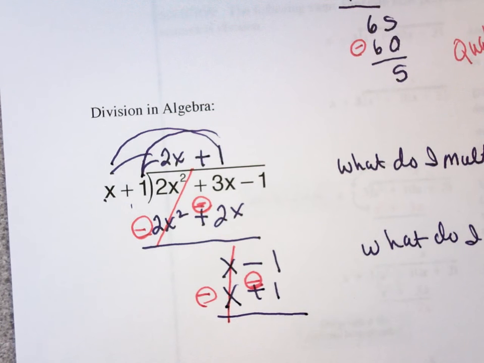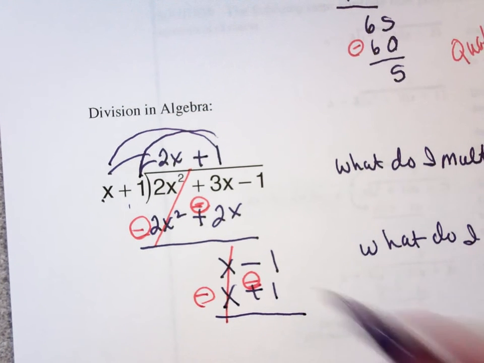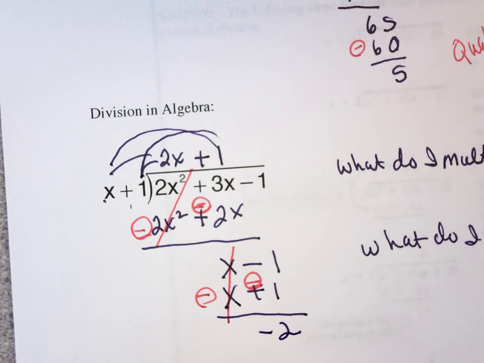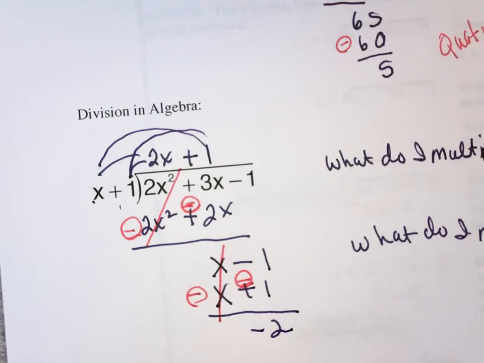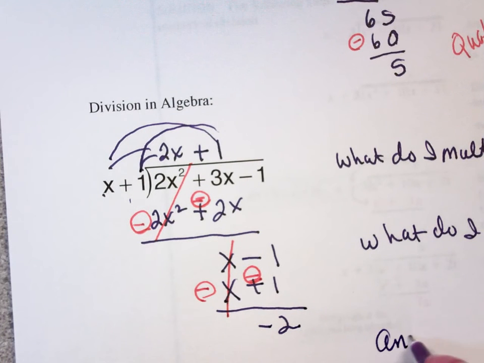That means I've now dropped it down another power, another degree, and I'm left with minus 2. That's my remainder. So what's my answer? My answer is 2x plus 1 plus negative 2 over the divisor.